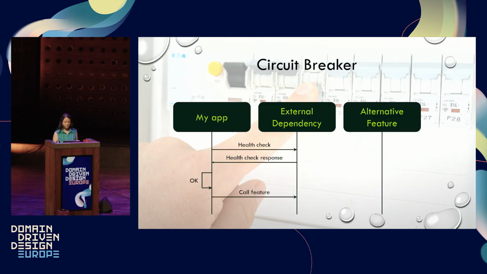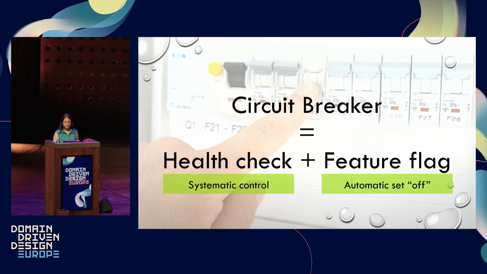So how does it work? We call the health check service. We check if it's OK. If it's OK, we call the external service. And if it's not, we call the alternative feature. The circuit breaker can be implemented in different ways. We can always call the health check before calling the needed service.